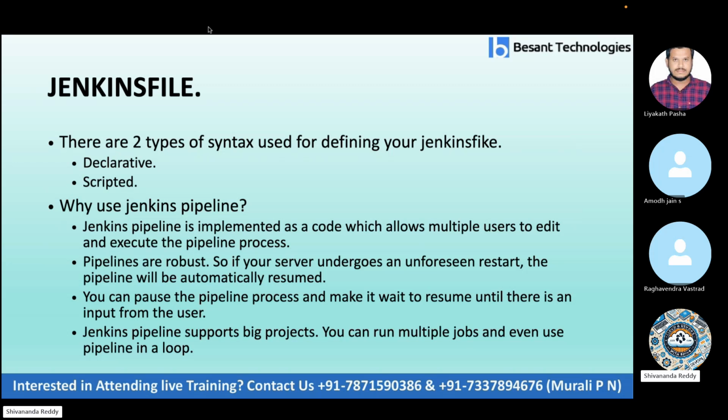Nothing but, you are running the pipeline, but in between your server stopped. When you start the server, the pipeline resumes from the place where it stopped before the shutdown. You can pause the pipeline process and make it wait until there is an input from the user. Jenkins pipeline supports big projects. You can run multiple jobs and even use pipelines in a loop.